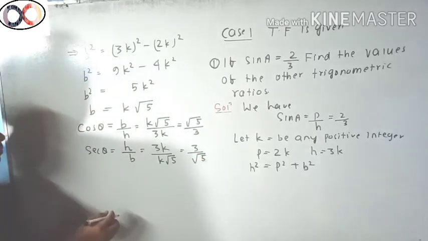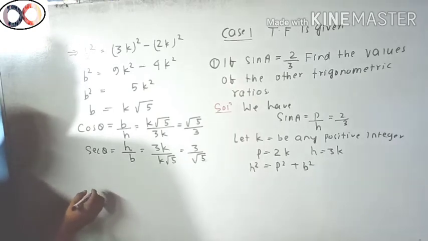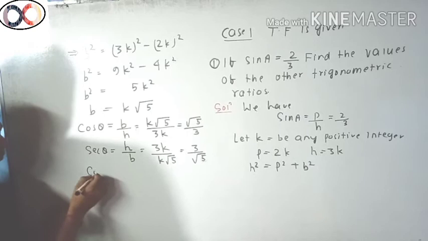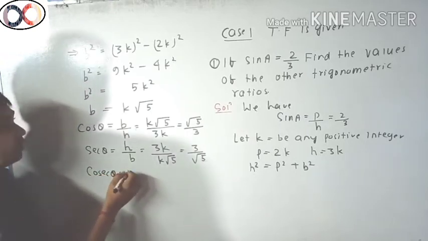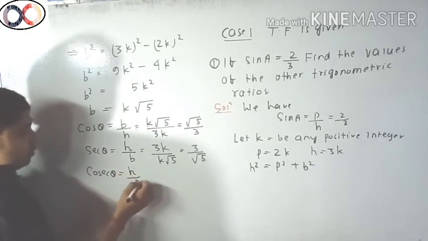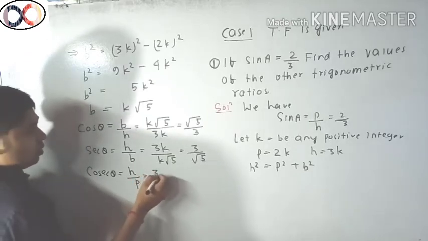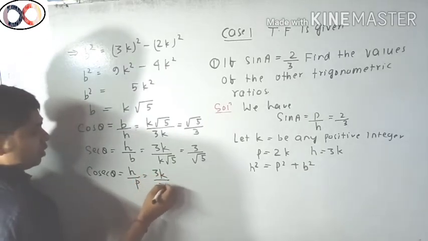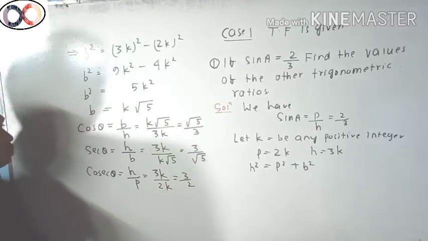K will be cancelled, so we get 3 by root 5. Then cosec theta is H by P, that is 3K by 2K, which is 3 by 2.